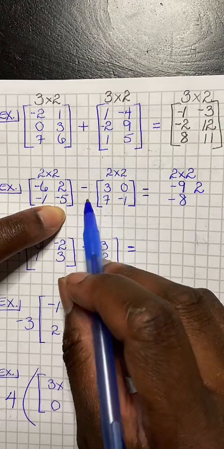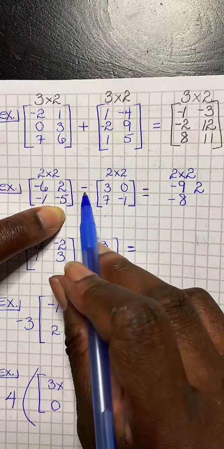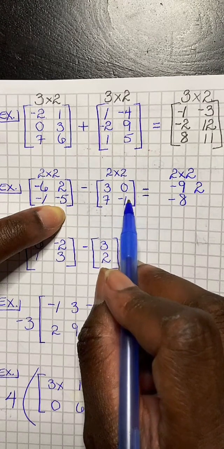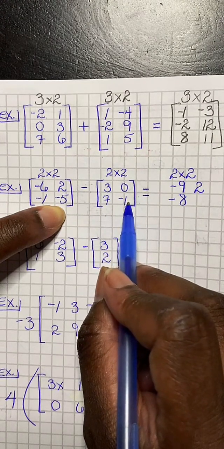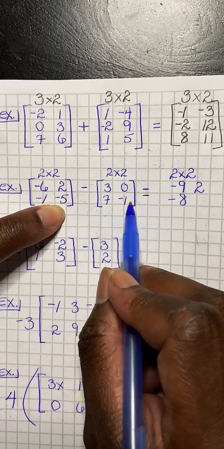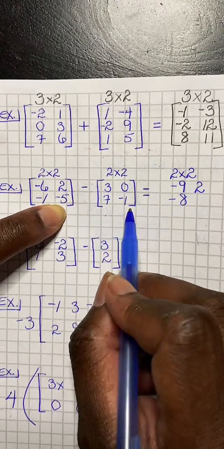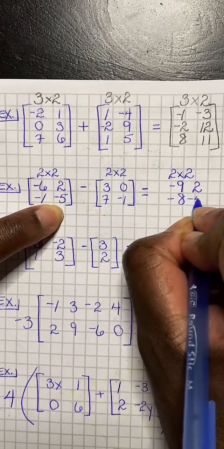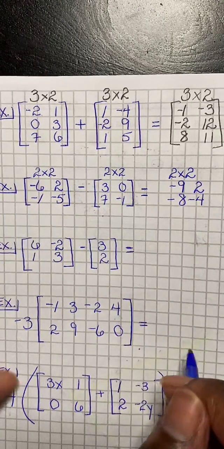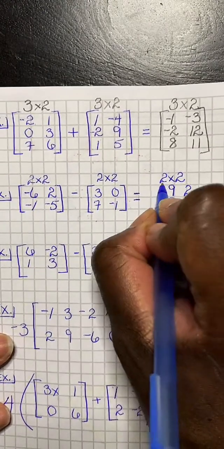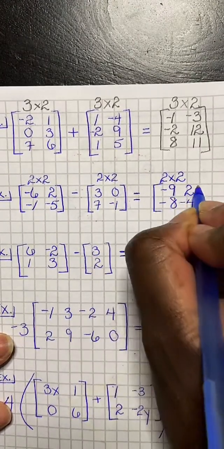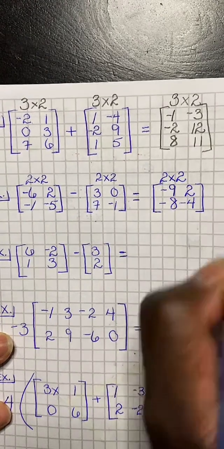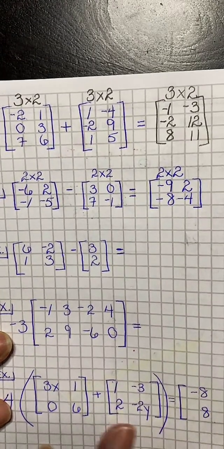And -5 minus a -1. When you minus a negative, it turns positive. So -5 plus 1, that'll give me a -4. So as we see, we have a 2-row, 2-column solution.